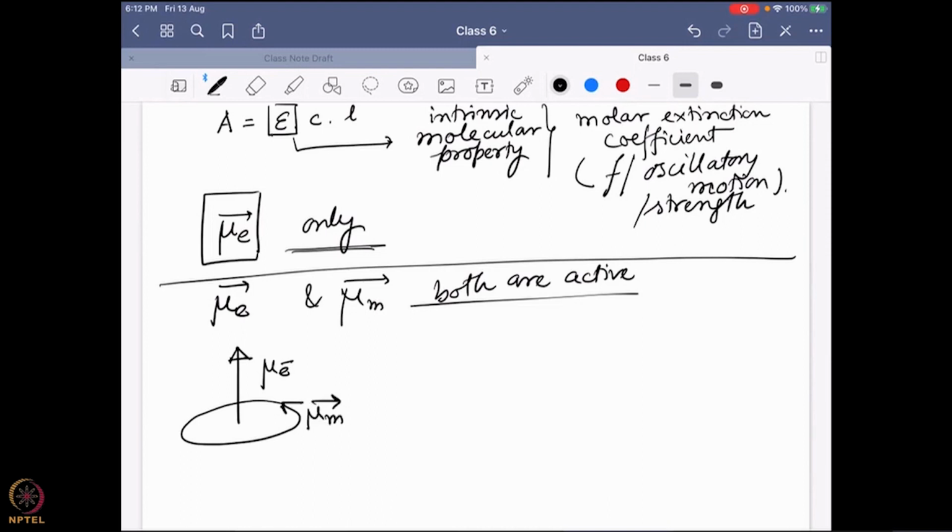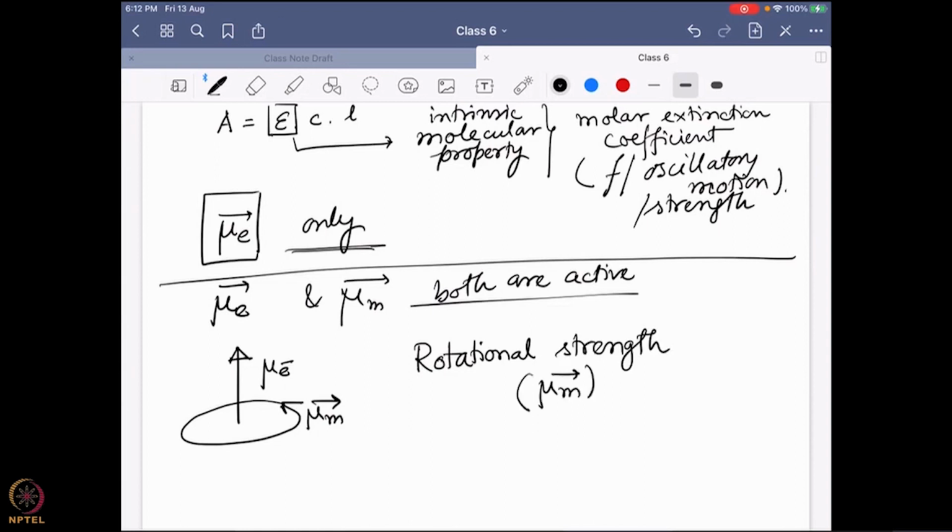Altogether, it is not going to be dependent only on an oscillatory strength, because there is a magnetic field also important. And as this magnetic field is dependent on the rotation, there is going to be a rotational strength factor for the magnetic moment.